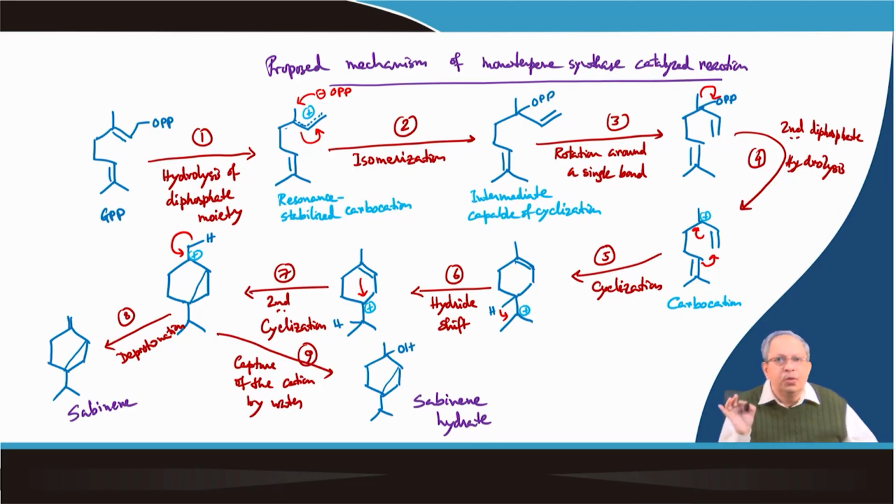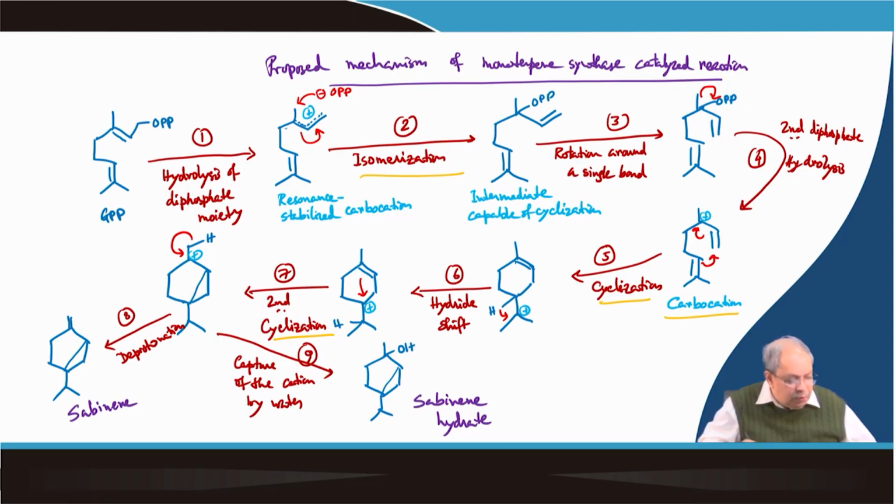So, what you need to know is that there is isomerization and there is cyclization. These things are important: isomerization, rotation, cyclization, and you should also know the terminology carbocation. Okay.